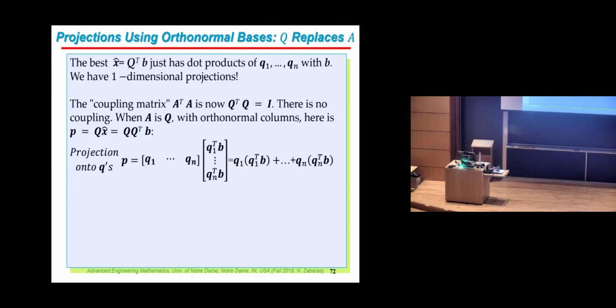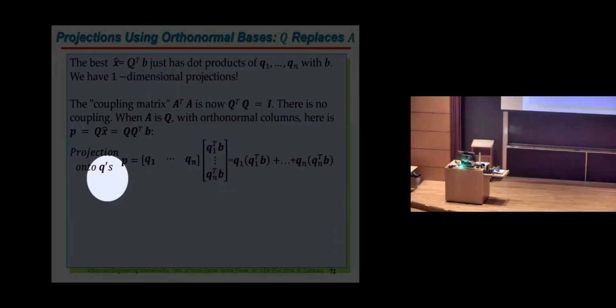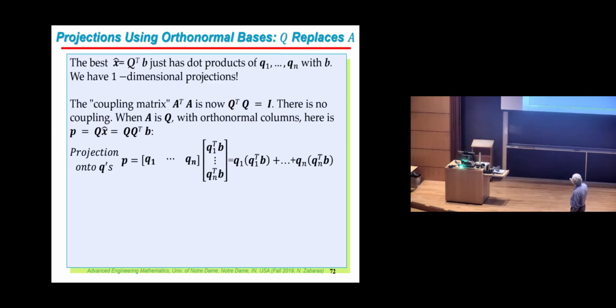All right, it's 11:20, and what I want to do is just finish with this equation. Let's say that we have these orthogonal vectors Q1 to Qn, and I am taking a projection of the vector B onto the column space of Q1 to Qn.